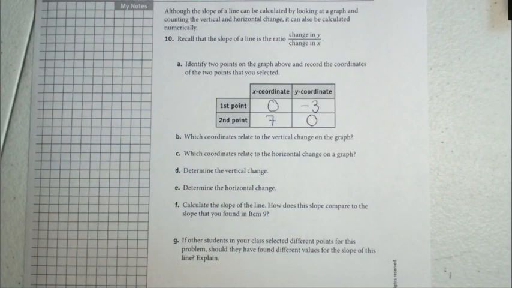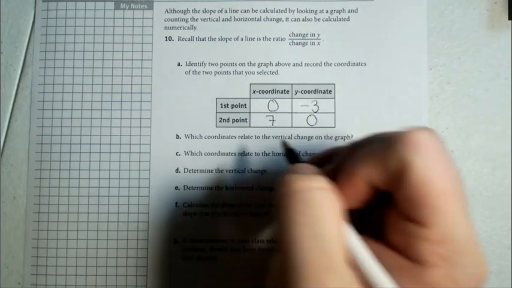All right. Which coordinates relate to vertical change on the graph? Vertical would be your y coordinates, so 0 and -3.